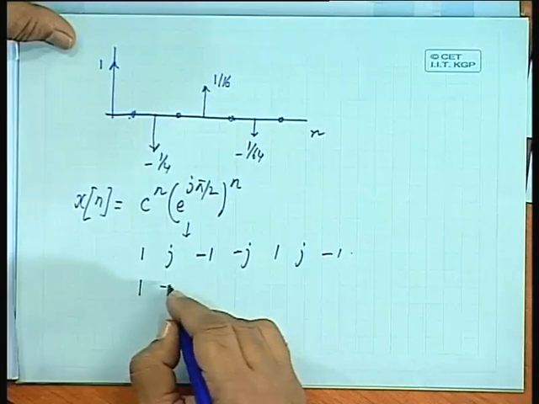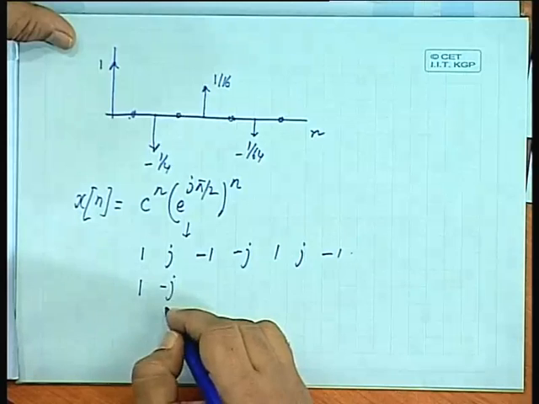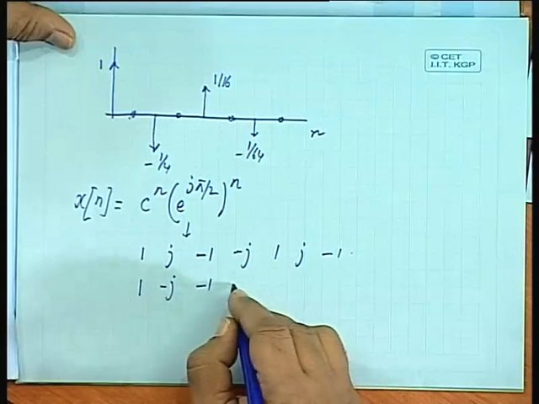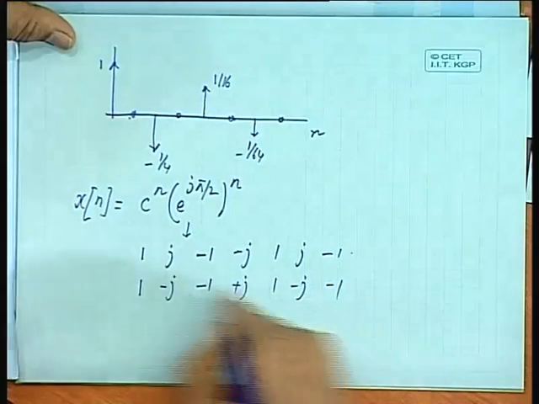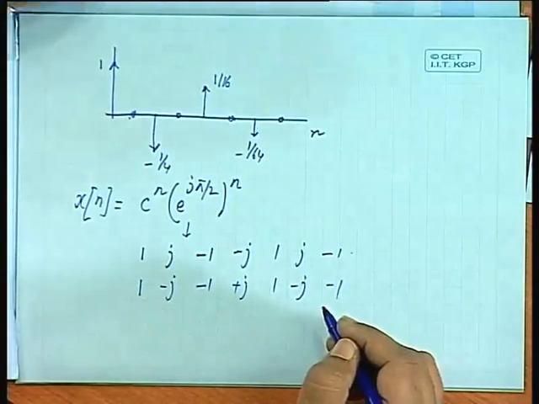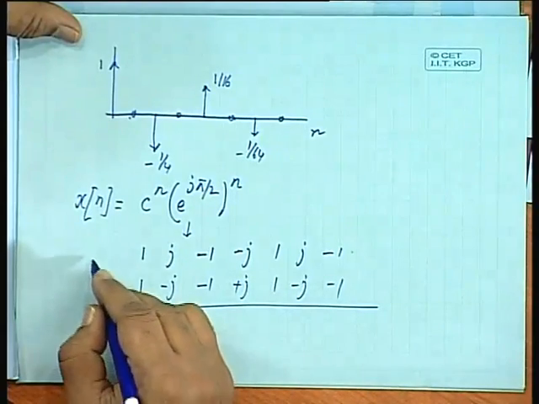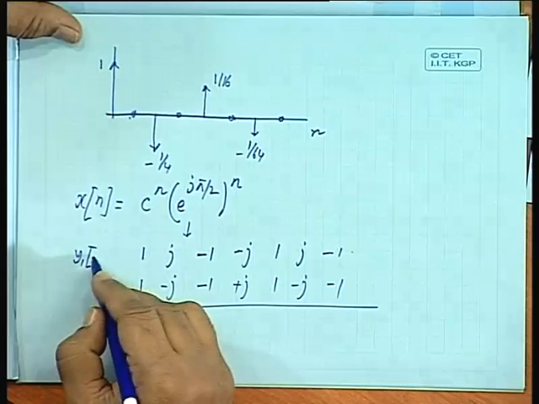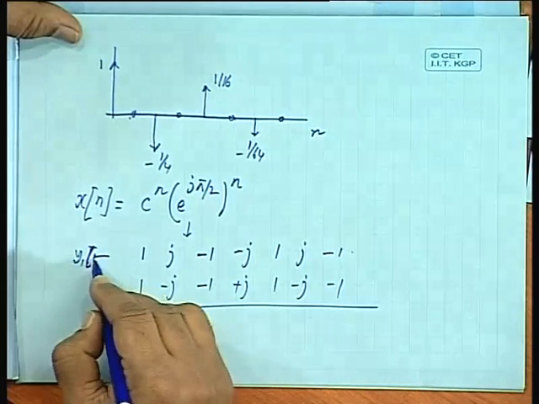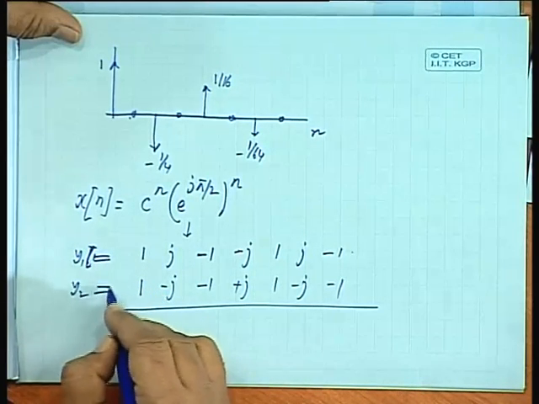I have to have another term, which I can write. I will complement these j's. If I add them together and then take the average, I will get the desired series. I call this some y1 series and y2 series.